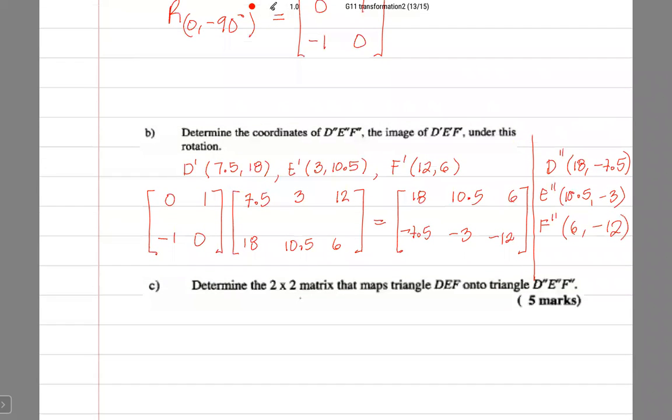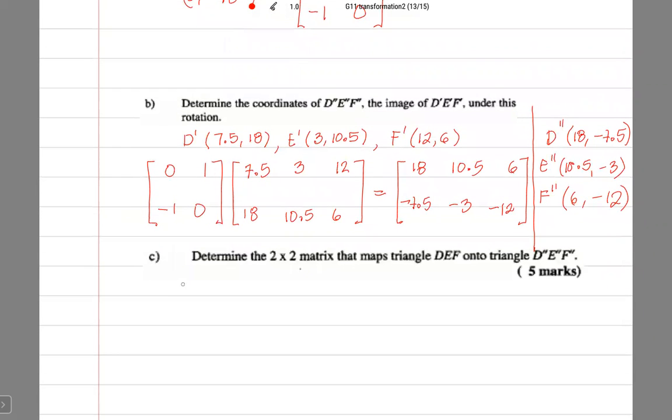The first one was an enlargement, which is [1.5, 0; 0, 1.5], and the second one was a clockwise rotation, [0, 1; -1, 0].